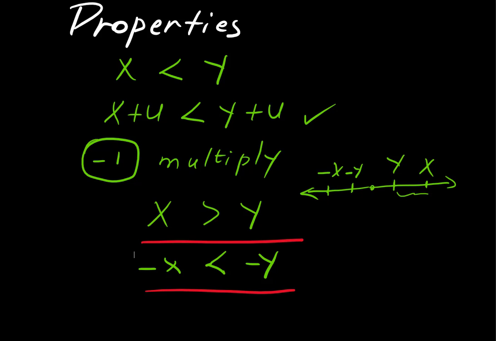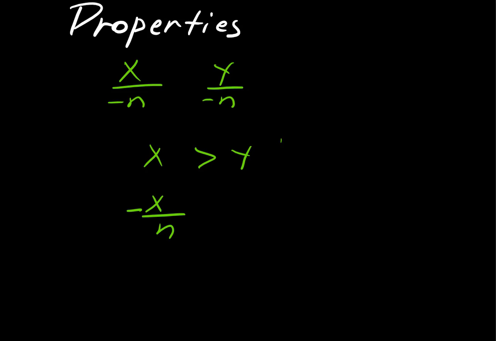To take this further, we have to say this: if we multiply or divide by the same negative number, the inequality symbol is reversed. So if I have x and y, and I divide them by -n, if originally x is greater than y, then -x over n compared to -y over n is reversed, so it becomes less.